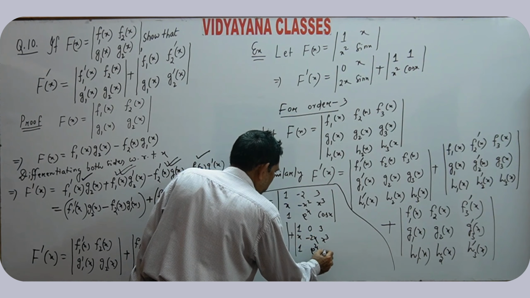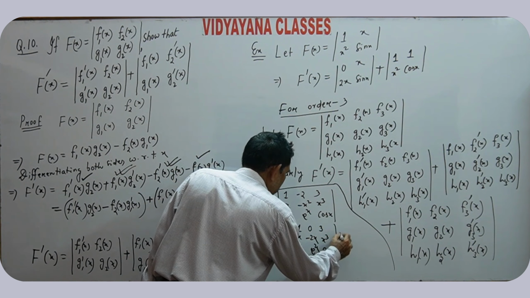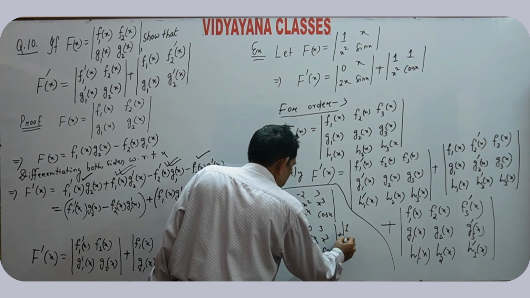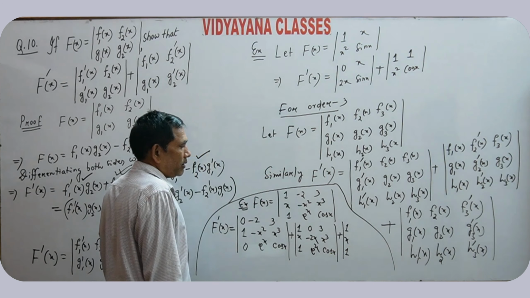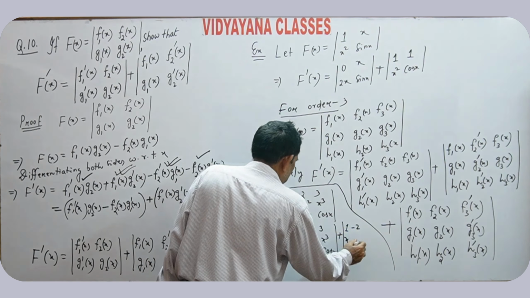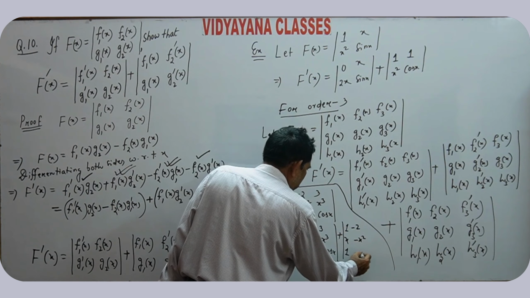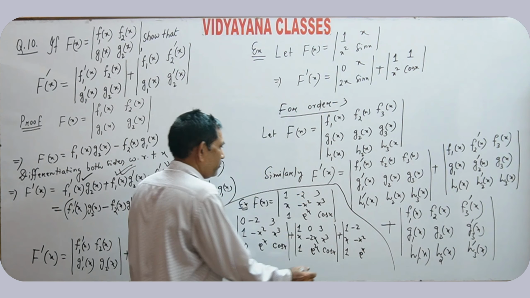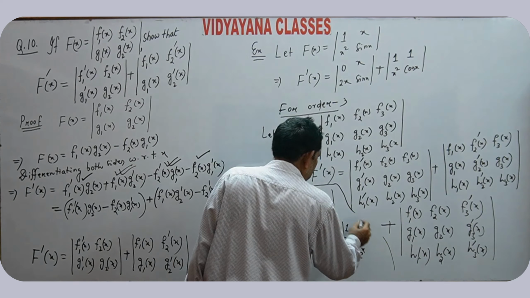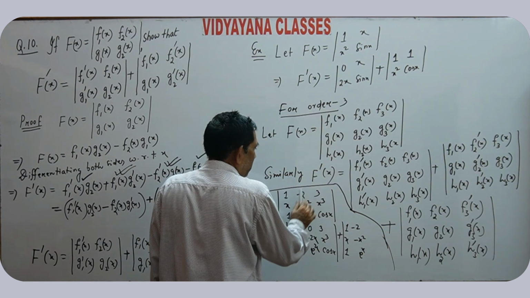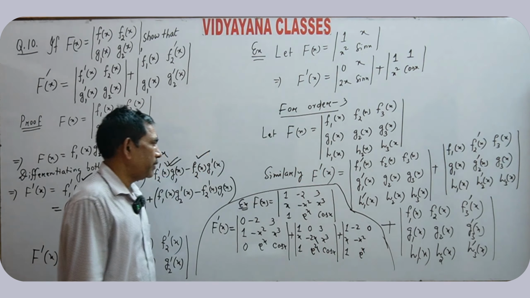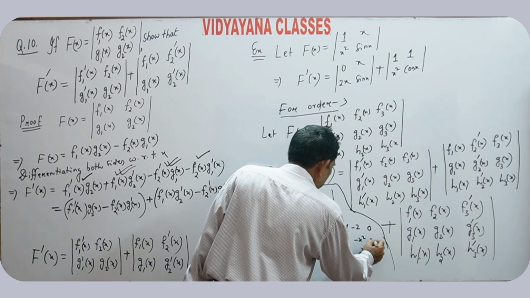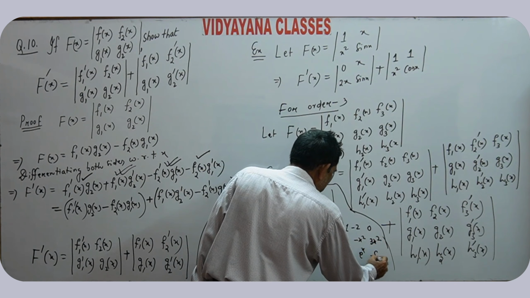Column 3 remains. Plus the first and second columns remain as they are, and the derivative of the elements of the third column: derivative of 3 is 0, derivative of x cube is 3x square, derivative of cos x is minus sin x.